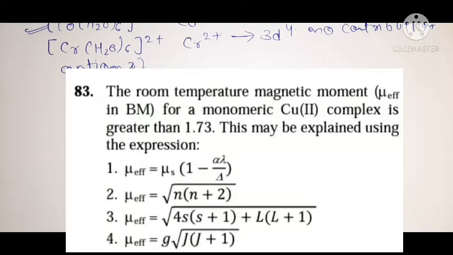So friends, in this question you must find the correct expression which represents the reason behind the greater magnetic moment of the copper complex at room temperature, and its value will be greater than 1.73 Bohr magneton. And we have four options, and this question is also coming for 4 marks. That means this question is also related to your part C. Okay. So let's do the solution of this question.